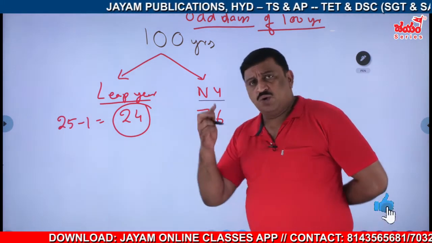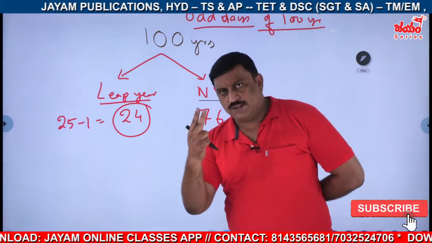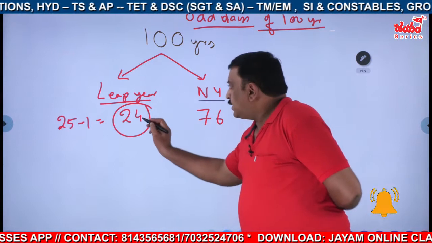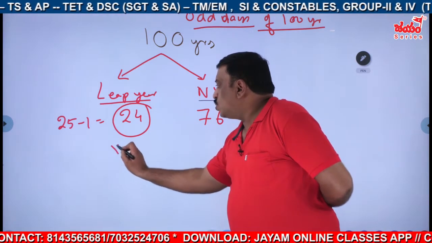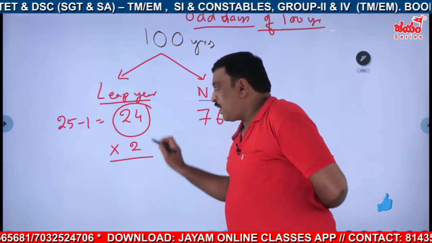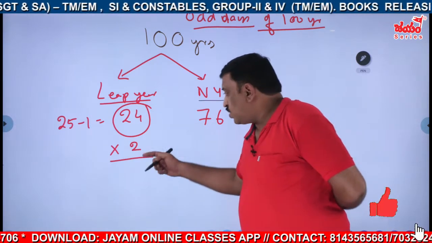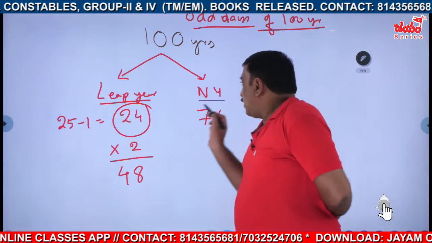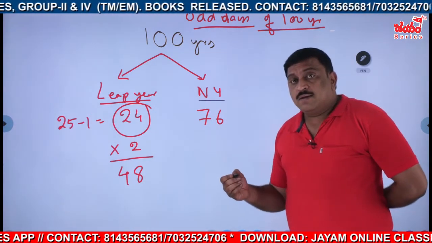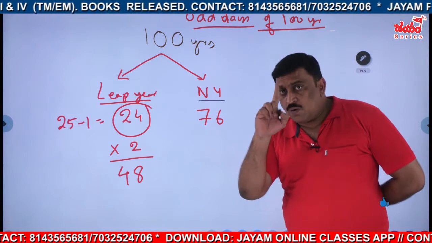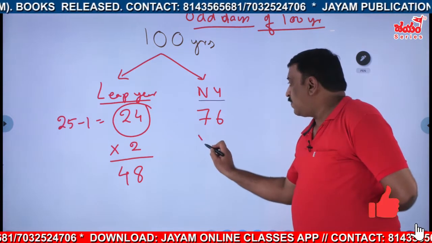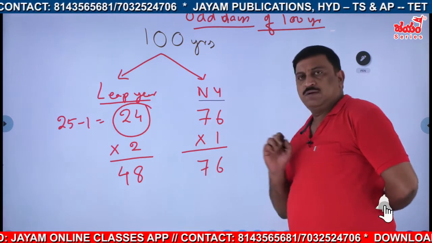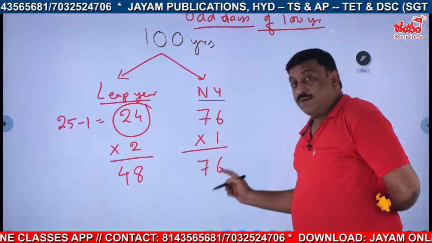Each leap year has 2 odd days, and each normal year has 1 odd day. So 24 into 2 is 48 odd days. Clear? Then for normal years, each has 1 odd day, so I multiply with 1 and get 76. Here 48 and here 76.